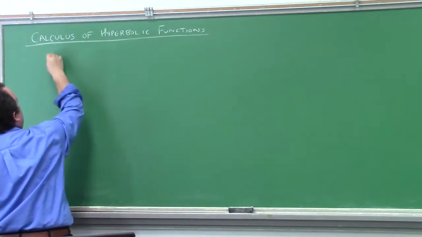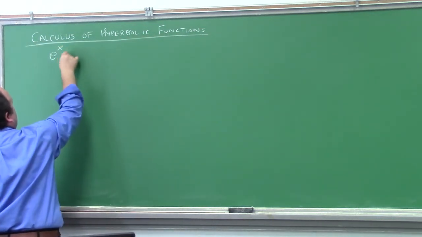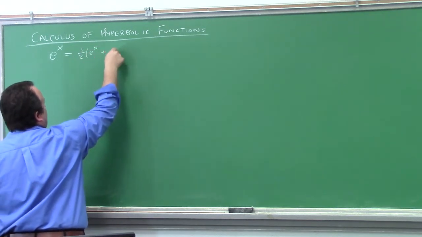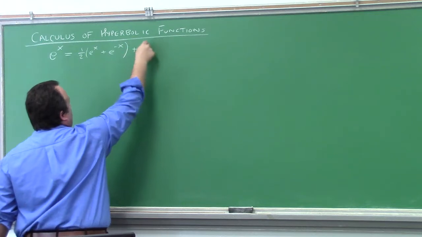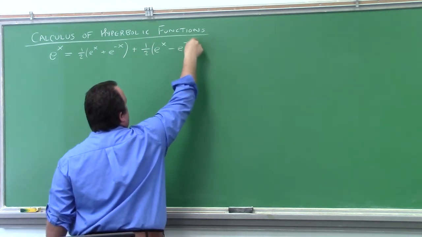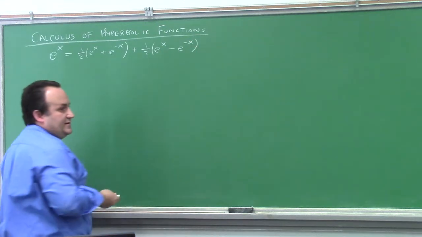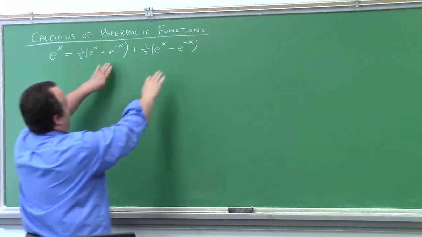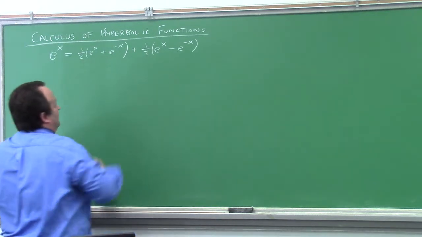So fundamentally, we take e to the x, we write 1/2 (e to the x plus e to the minus x) plus 1/2 (e to the x minus e to the minus x). That's just a sneaky identity, but it's useful. So I've just added 0, right? And so 1/2 plus 1/2 is 1.